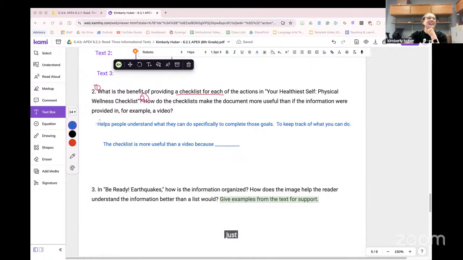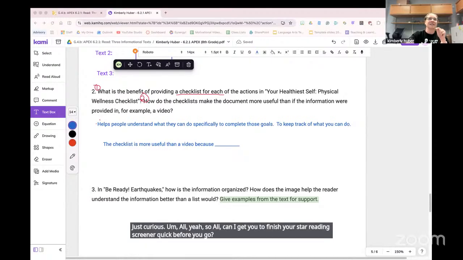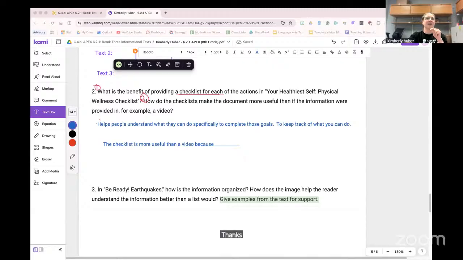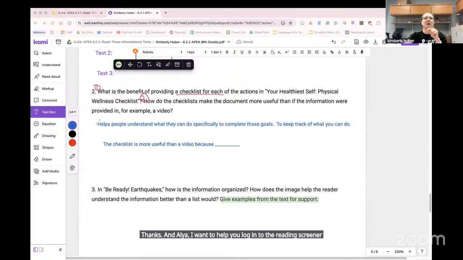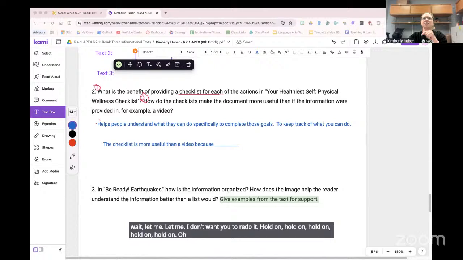Just curious. Ali, can I get you to finish your STAR reading screener quick before you go? Thanks. And Alia, I want to help you log into the reading screener too. Wait, I don't want you to redo it. Hold on. Oh, actually, you started it again.